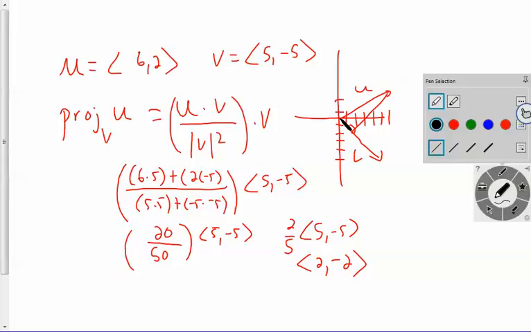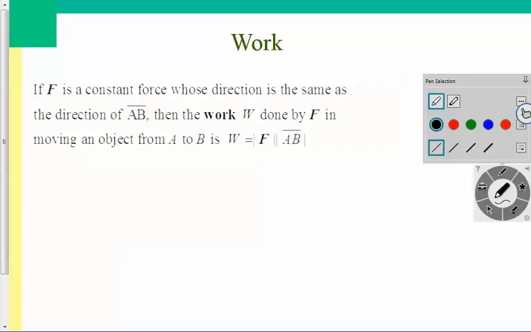Now, where is this applied in the real world? Well, that's an awesome idea. Work. If the force is a constant force whose direction is the same as the direction of AB, then the work W done by F in moving an object from A to B is the magnitude of F times the magnitude of AB.